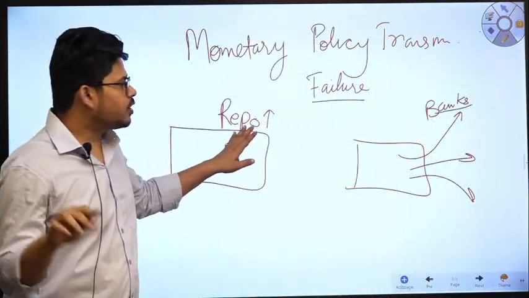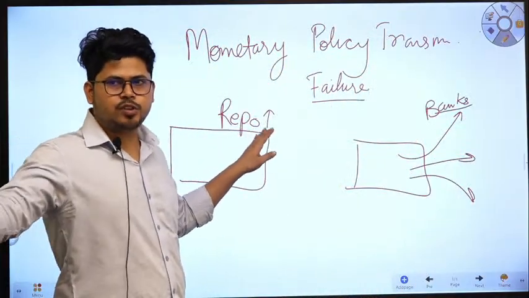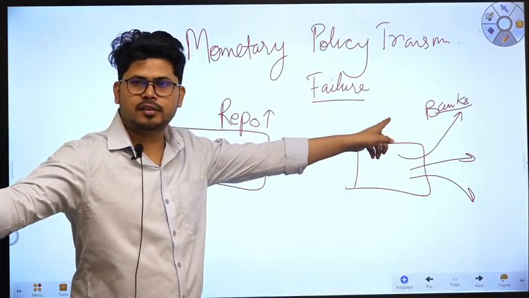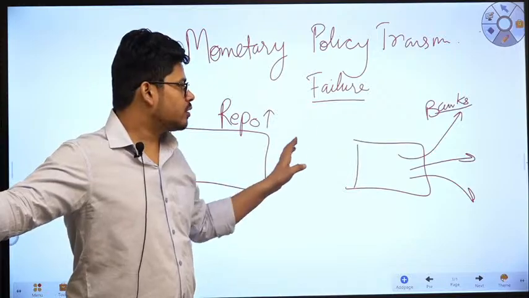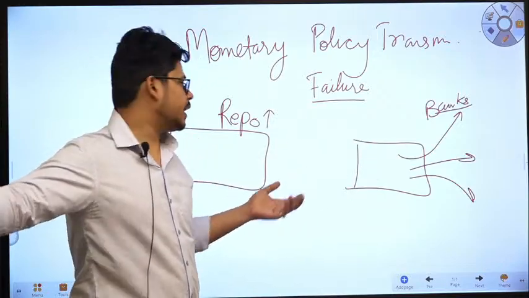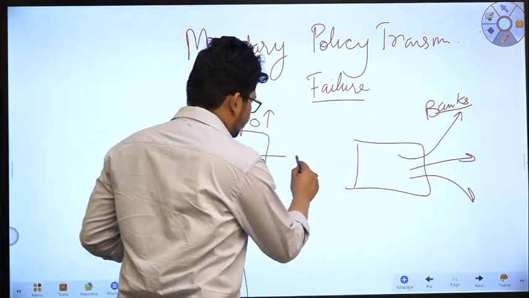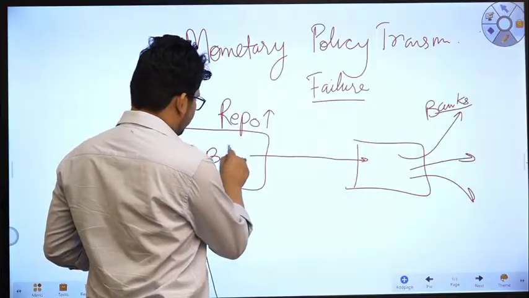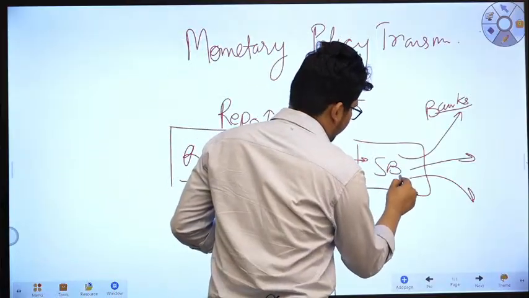If this increase of repo rate, or decrease of repo rate, is not changing the rate at which banks are charging, or the inflation, then the monetary transmission has failed. Right, that means the transmission of monetary policy from RBI to SBI has failed. Okay.